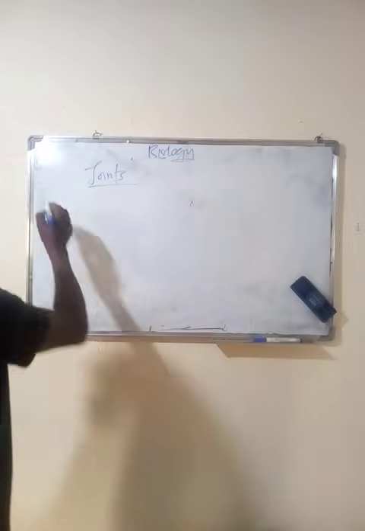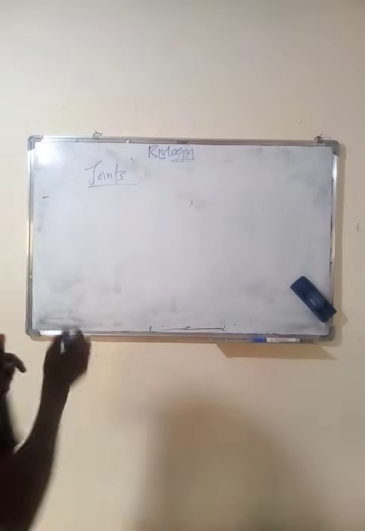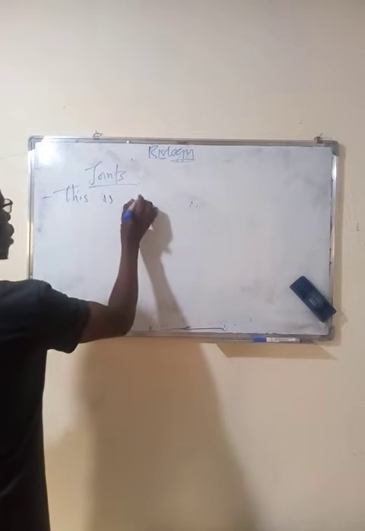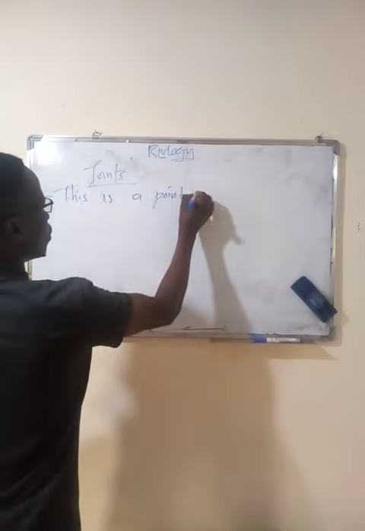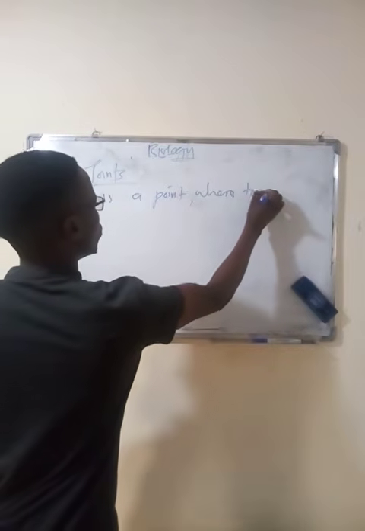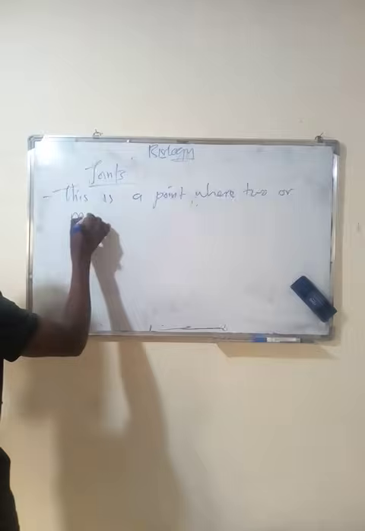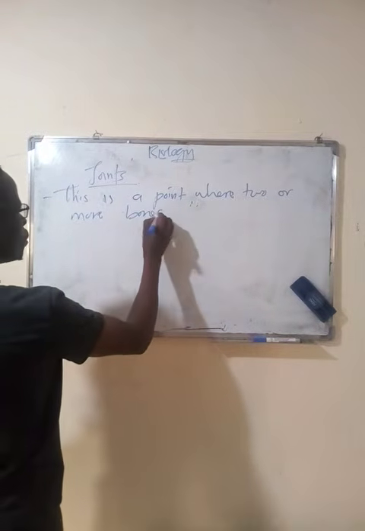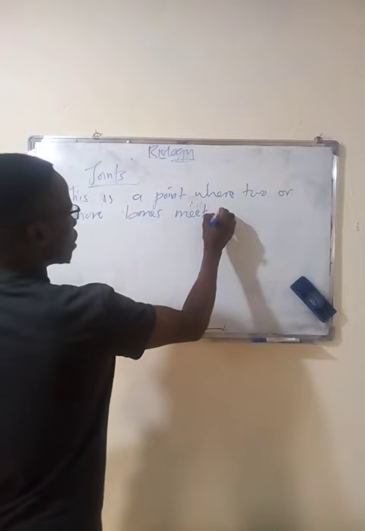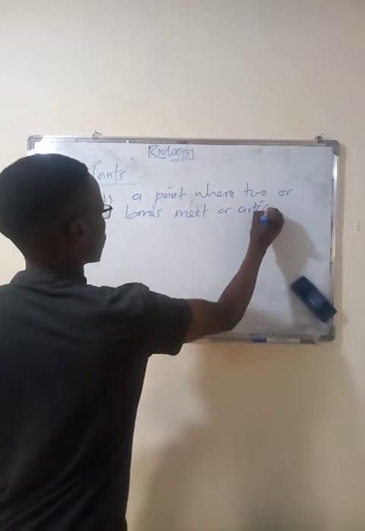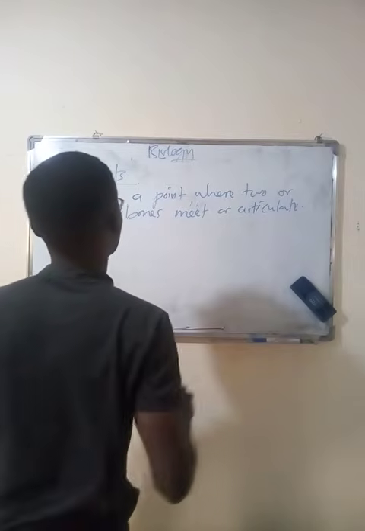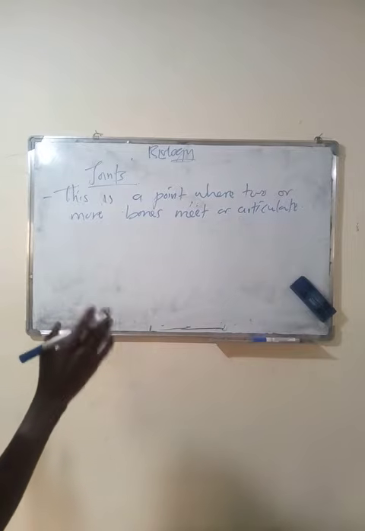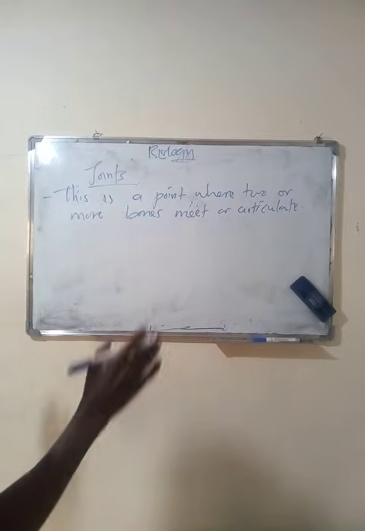So, a joint is a point where two or more bones meet or articulate. So this is simply where two or more bones meet, or do what? Articulate.